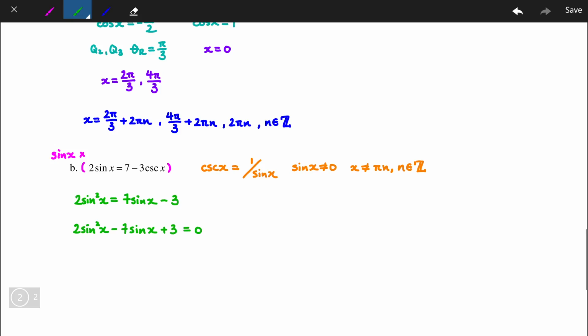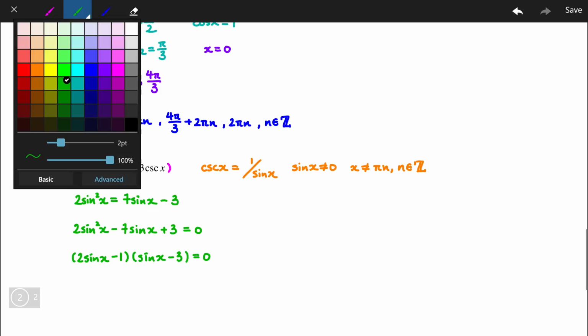Again, this could be factored by grouping and by other ways as well, crisscross and so forth. But the factors, which is the important part, are 2 sine x minus 1, and then sine x minus 3.